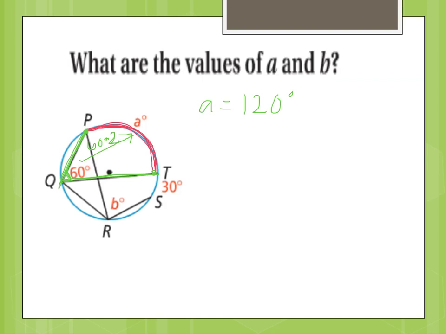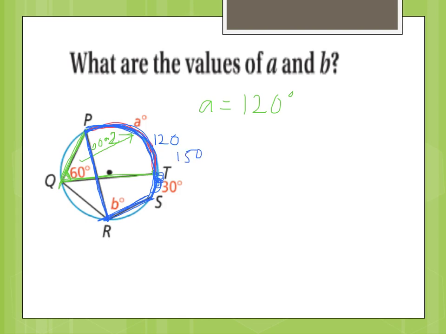Now if you look at angle B, again, trace out, this is what I'm looking for right here. So that means I have to know this arc right here. I already know that this arc, angle A, is 120. So if I look at this whole arc, this section is 30, so the whole arc is going to be 150.